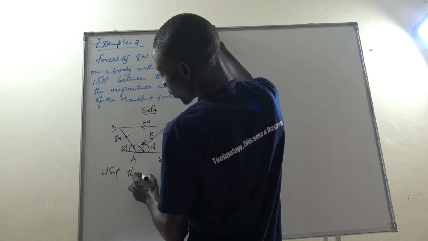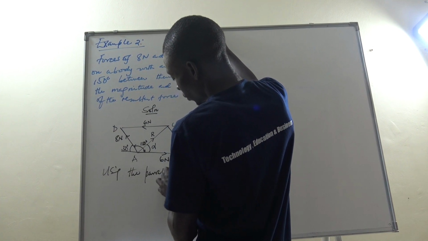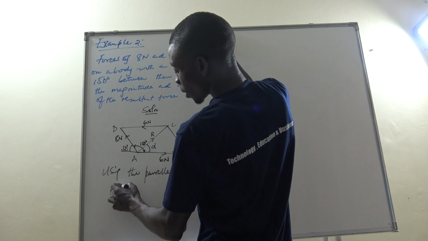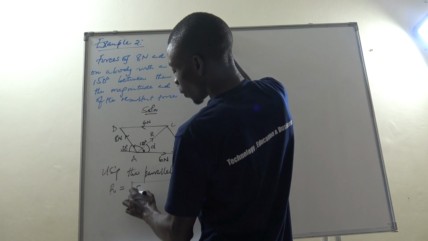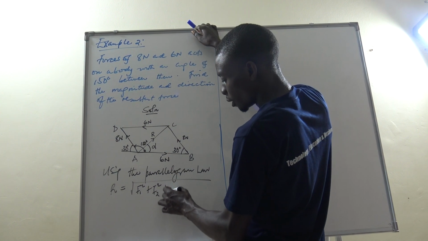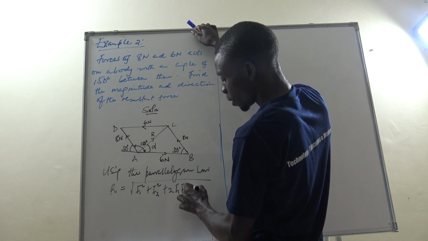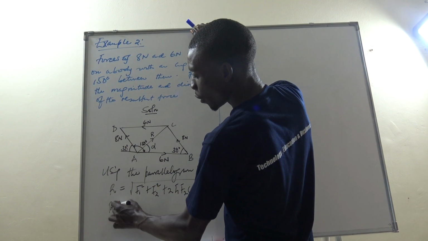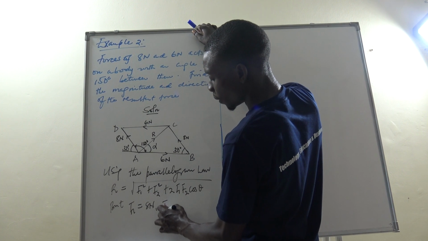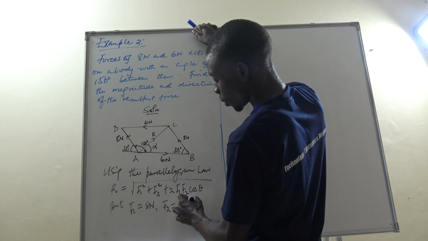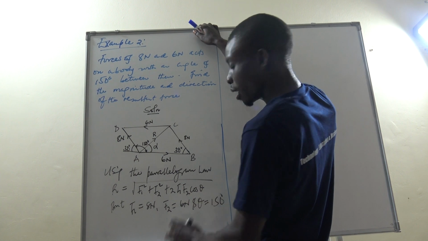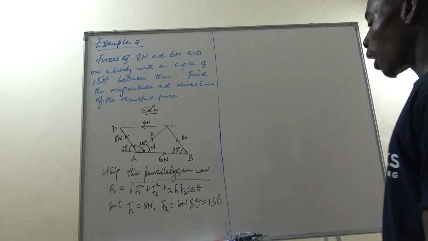Using the parallelogram law, the resultant force should be the root of F1 squared plus F2 squared, plus 2 F1 F2 cos of the angle. We take F1 to be the force of 8 Newton, F2 as the force of 6 Newton, and theta our angle of 150.